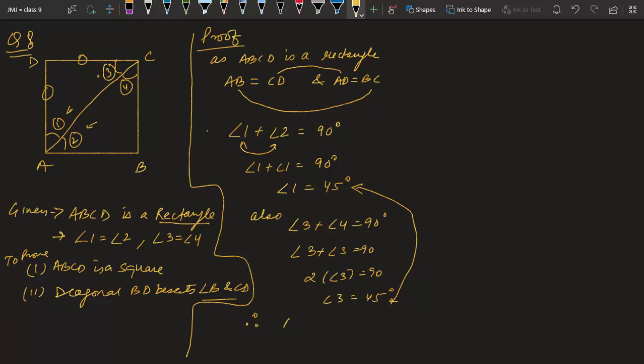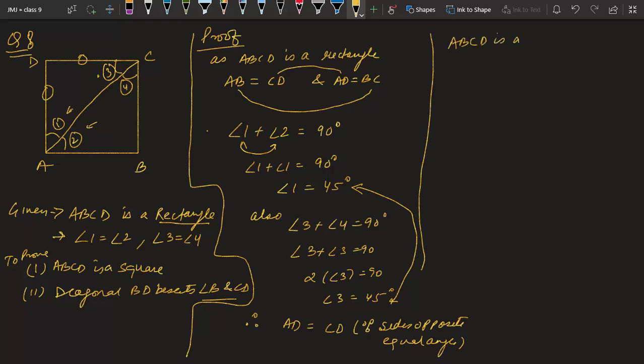Therefore, we can say AD is equal to CD, because sides opposite to equal angles are equal. And with that, we can say ABCD is a square.